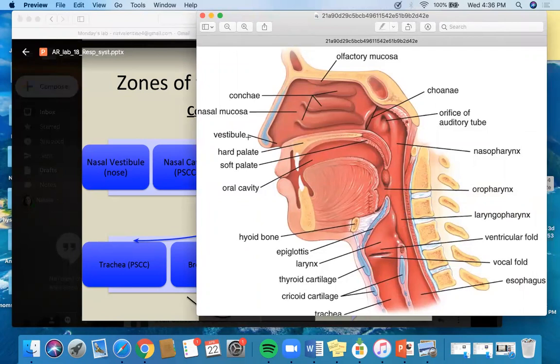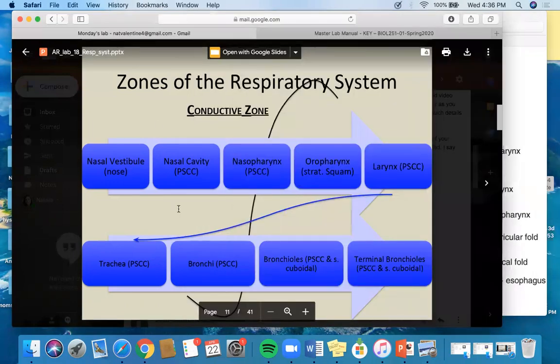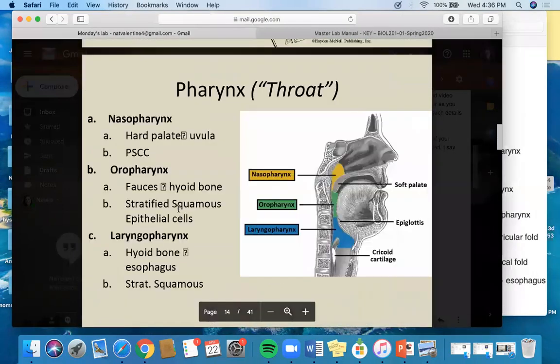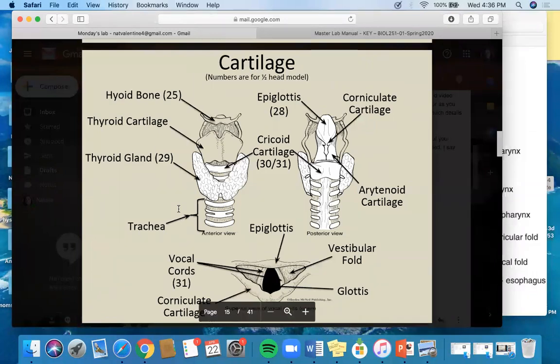Now let's look at the larynx. This picture looks very similar to the diagrams in your lab manual on page 304, so I would suggest filling that out while we go through this here. When air moves through the pharynx, it then hits the larynx, and this whole region here is the larynx.